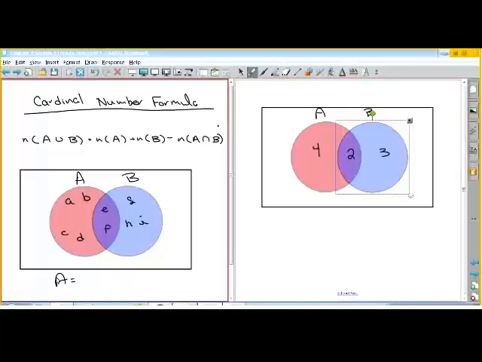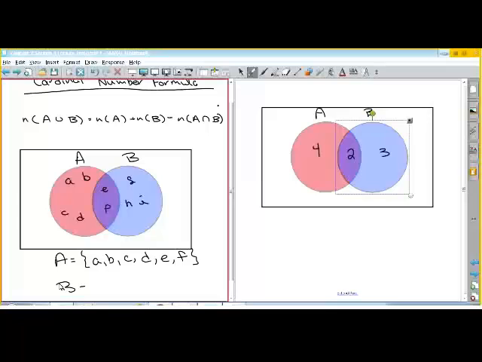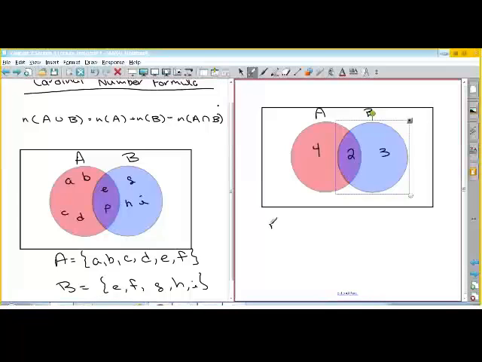So actually kind of there's a review. Set A would consist of the letters A, B, C, D, E, and F. And set B would consist of the letters E, F, G, H, and I. So what I can say is that the number of elements in set A is 6.